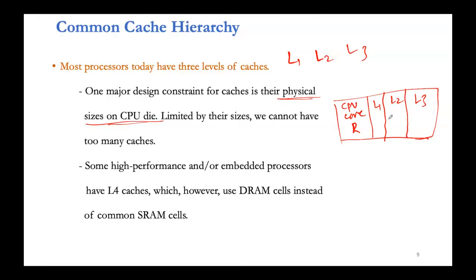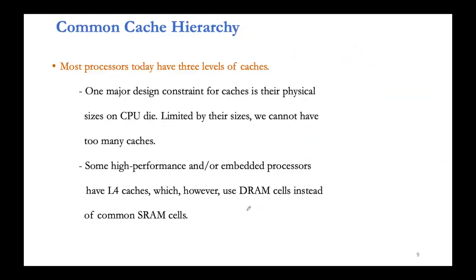Because of their physical size on the CPU die, they are limited by their sizes, so we cannot have too many caches on one CPU. Some high performance and embedded processors also have L4 caches, which use DRAM cells instead of static RAM cells.